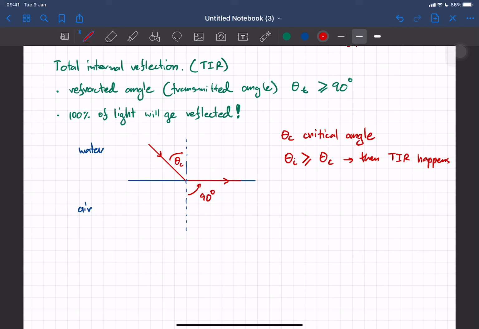Okay, and the critical angle will depend on what kind of media you have, what pair of media you have. So if we have water, which is n1 equal to 1.3, and air, which is 1, then we can try to calculate the critical angle using Snell's law again. So we say n1 sine theta incident equals n2 sine theta transmitted. So this is just stating Snell's law.